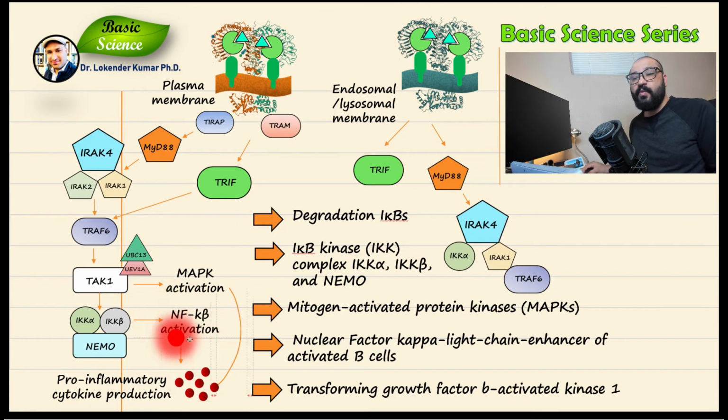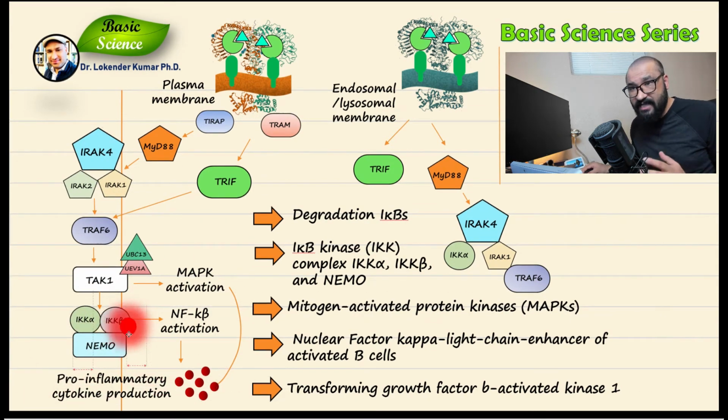And when it is in the resting stage, there are inhibitors bound to this particular protein. The mechanism of nuclear factor kappa B activation is very detailed, and if I try to explain the full mechanism, it is going to confuse you. So I'm just telling you that there are some inhibitory molecules attached.